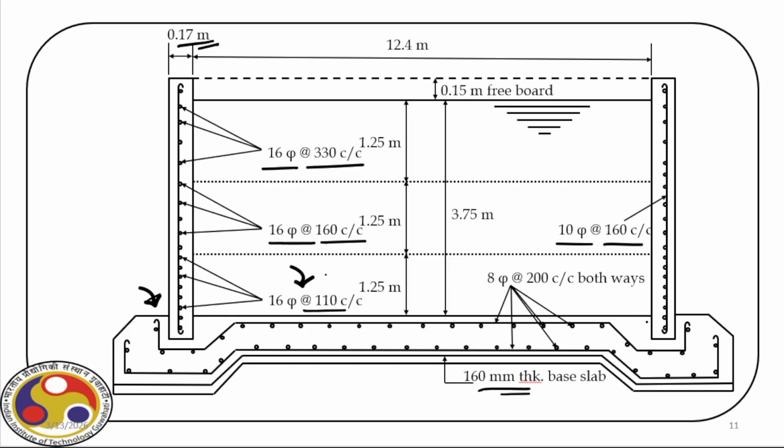And as you can see, because this wall rests on the slab, the edge of the slab is thickened and the side walls are placed above this thickened base slab. So that's how the design of the circular tanks are made.